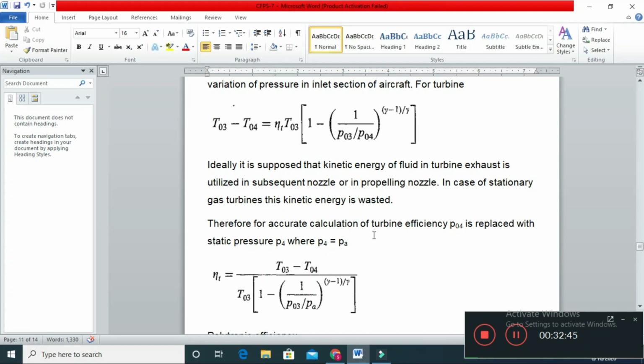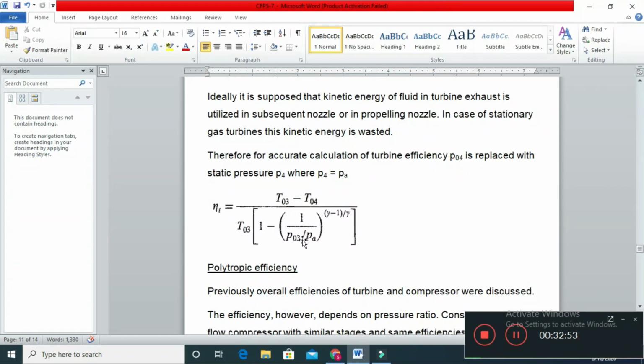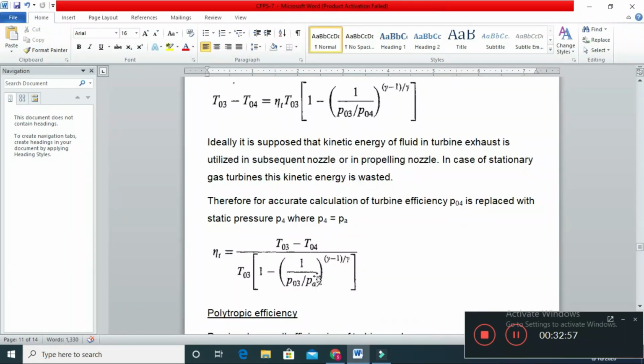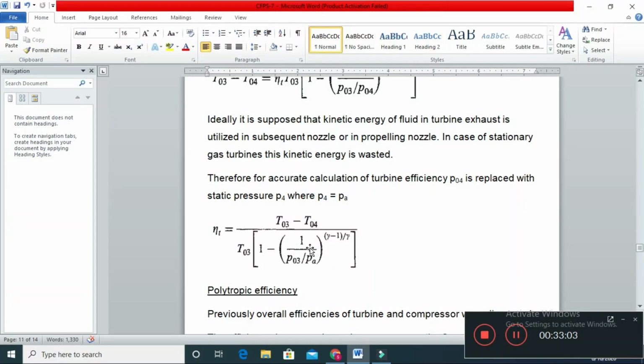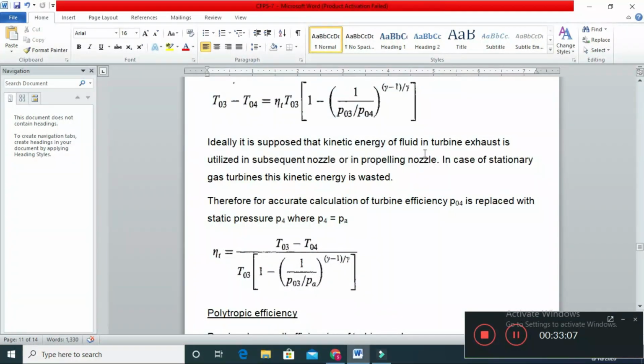So for having the proper value of the efficiency of the turbine, we write P04 as PA. So this will give the true value of the efficiency of the turbine. For the case of aircraft propulsion, P04 will not be written as PA because that velocity is useful for producing thrust.